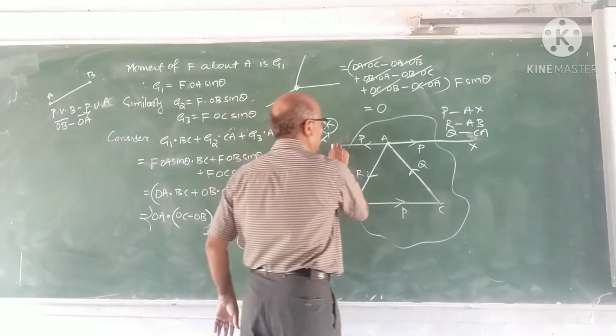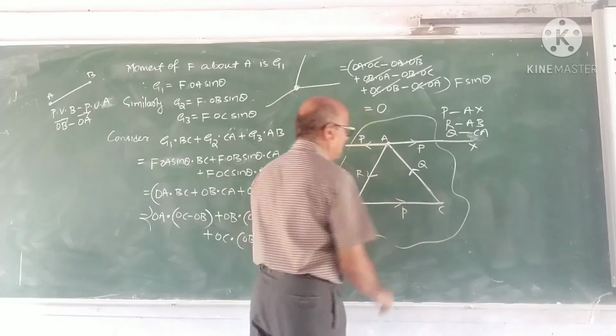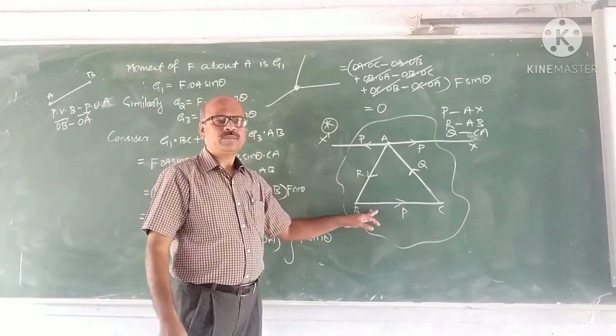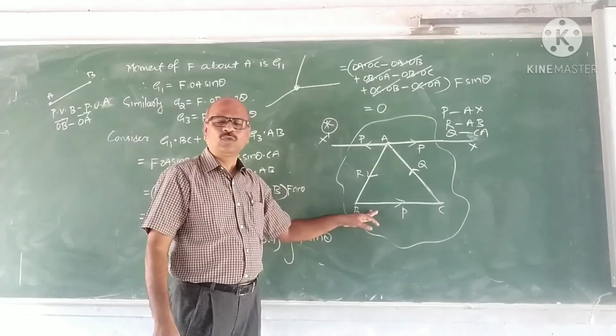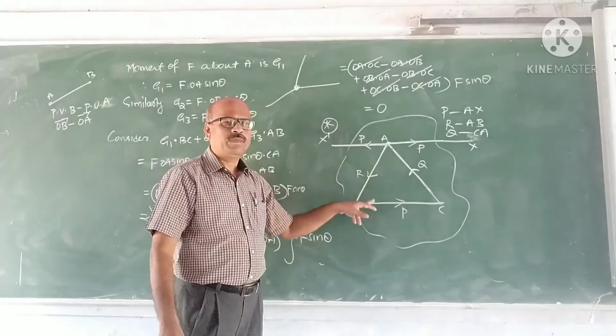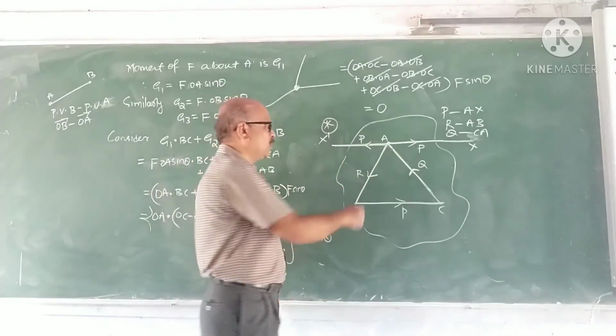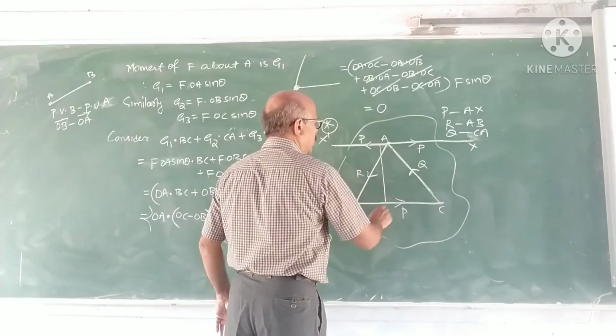So we are left with only two forces, P along AX dash and P along BC. These two forces are parallel, equal, unlike. Therefore they form a couple. What is the moment of the couple? Draw the perpendicular distance.